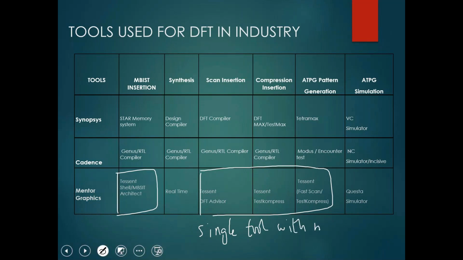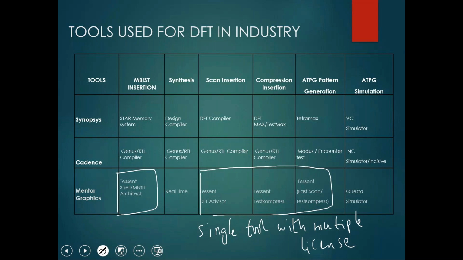What is a license? For example, you are using Microsoft Office. Microsoft Office is a single tool, but internally you have different features like MS Word, PowerPoint, and Excel. So likewise, this company also has a single tool that can do multiple operations. So multiple licenses are there and multiple operations can be done.